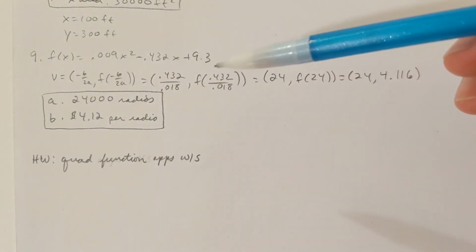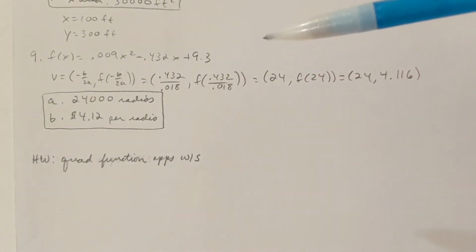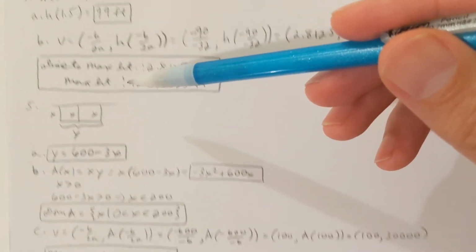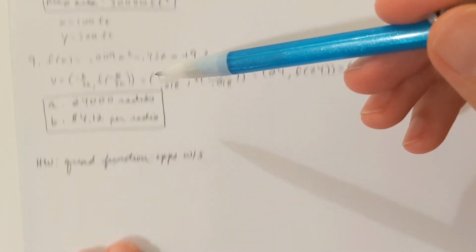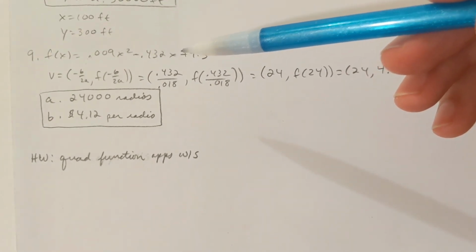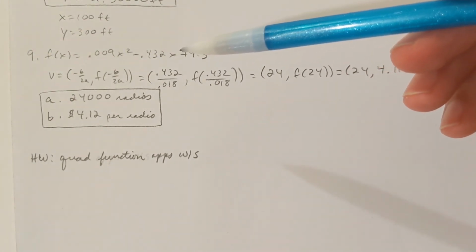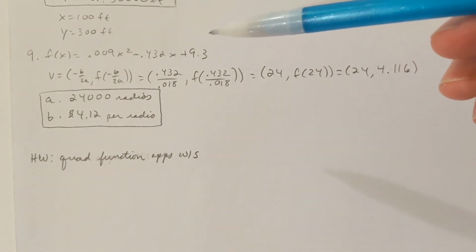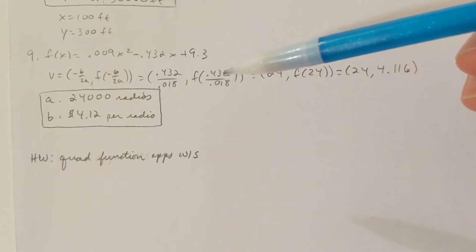Well, that's the vertex. And by the way, notice how every single one of these problems, at some point, you're going to find the vertex. So keep that in mind for when you do this sheet here. Basically, every problem is going to be where you find the vertex.